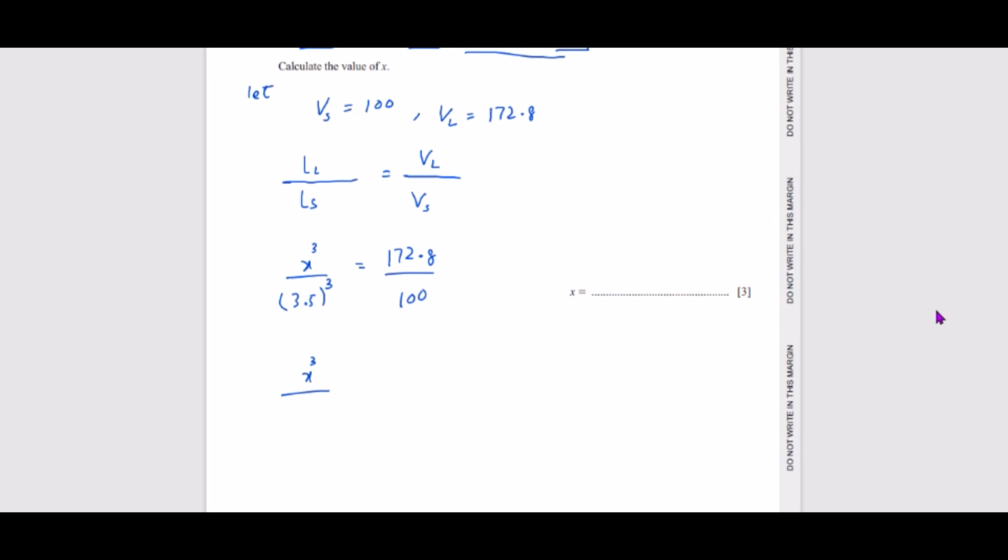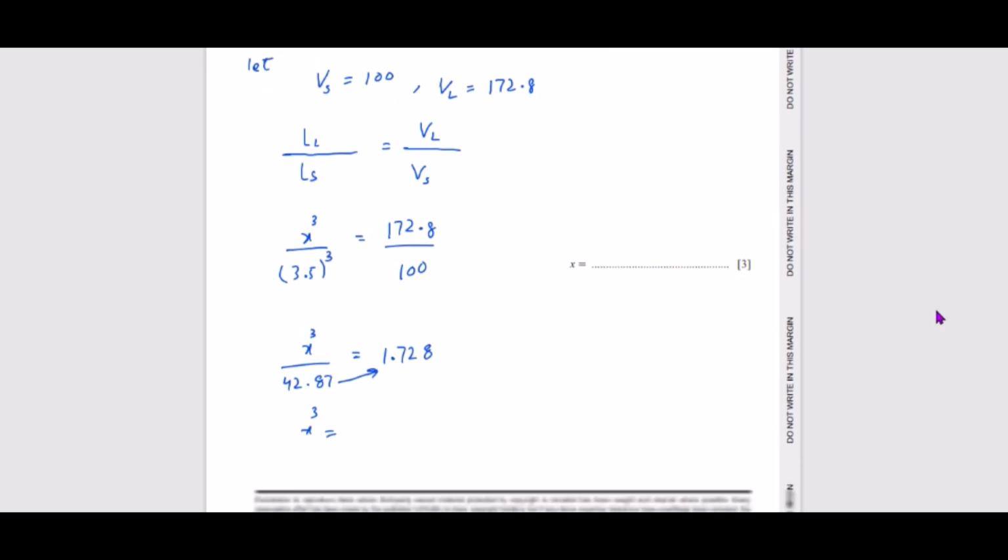Calculate these values: 42.87 is equal to, calculating these values, we get 1.728. This value shifts to the other side, so x raised to the power 3 is equal to 1.728 multiplied by 42.87.